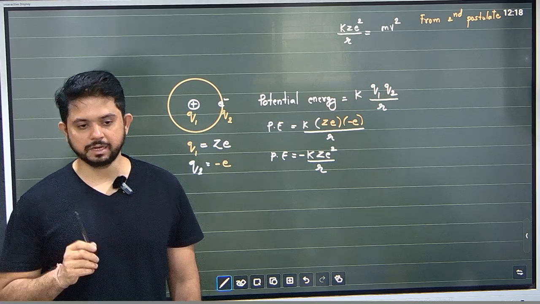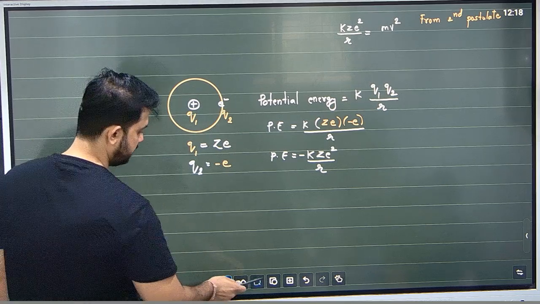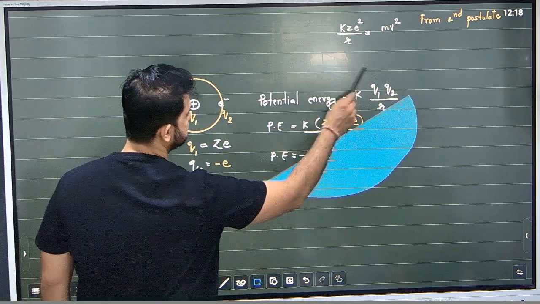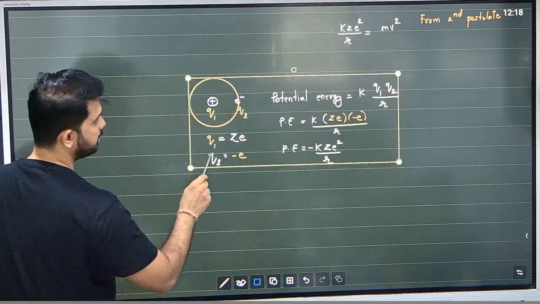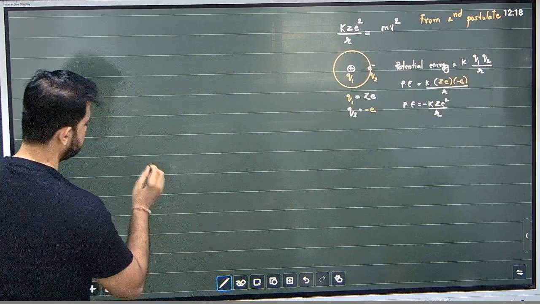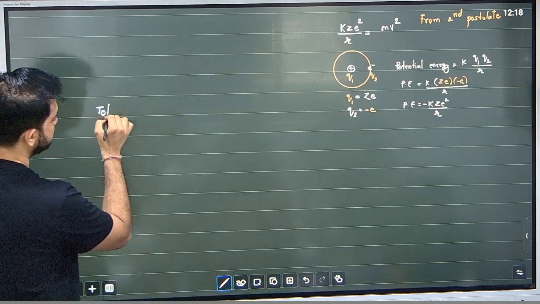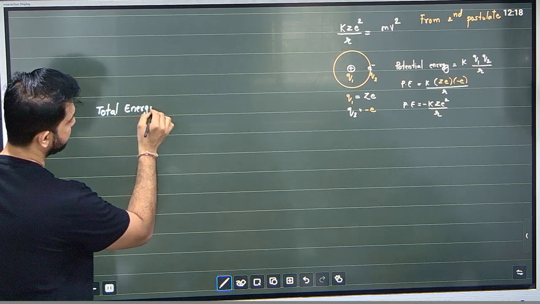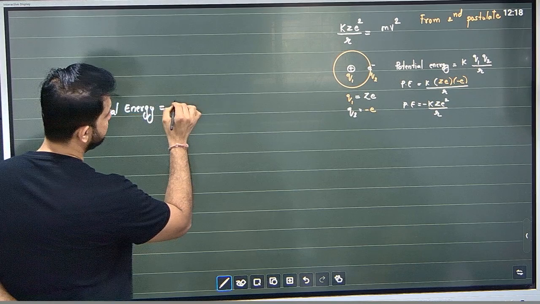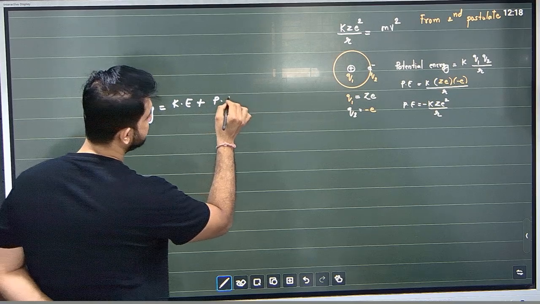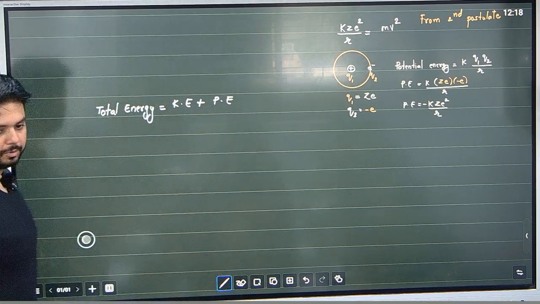Now we can start the derivation for total energy. Total energy is the sum of kinetic energy plus potential energy.